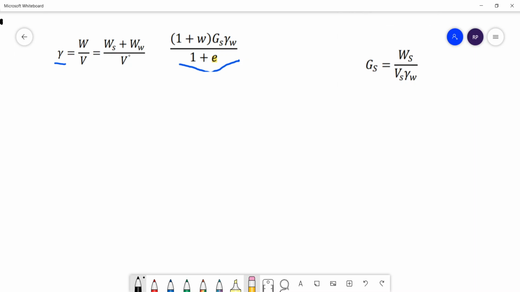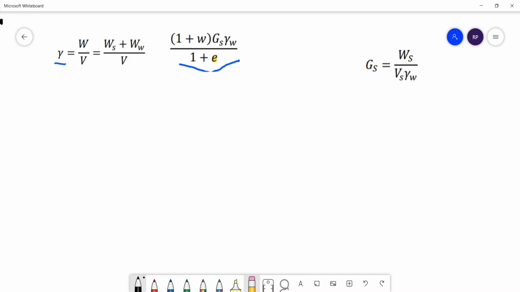Ano ba yung mga considerations natin? Okay, so we know that our unit weight gamma is equal to the total weight of the object all over the total volume. For this example, we are trying to prove that this is the unit weight of soil.